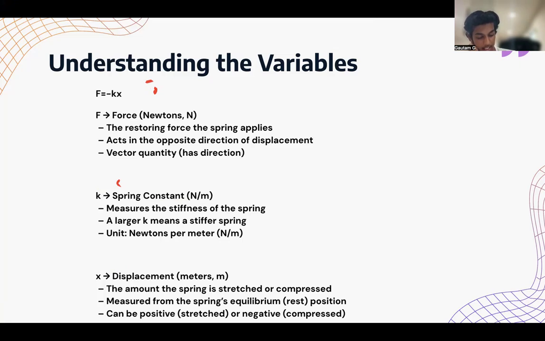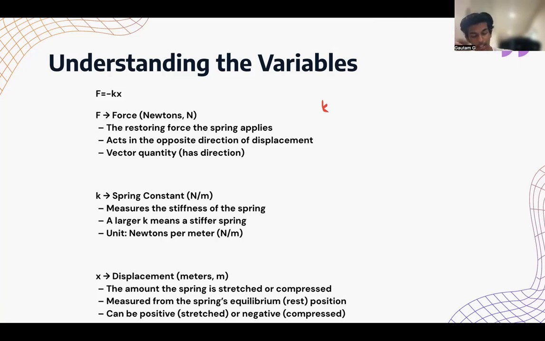The spring constant is basically going to be a number. A lot of problems will give you what the spring constant is, but it's talking about how stiff or springy the spring actually is, right?